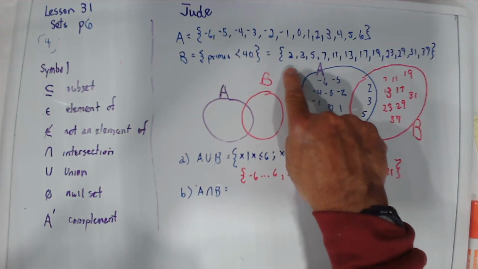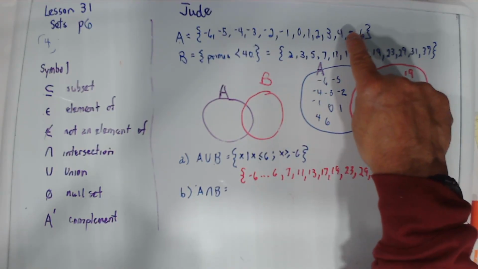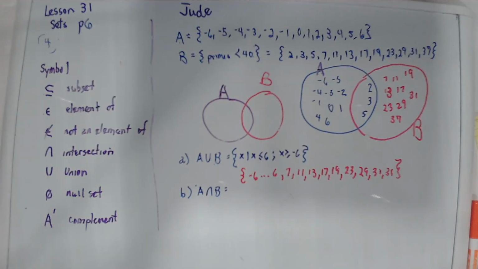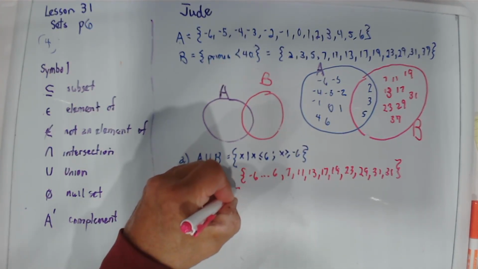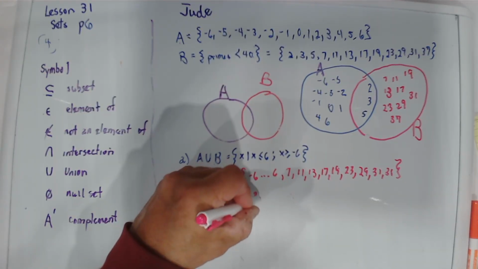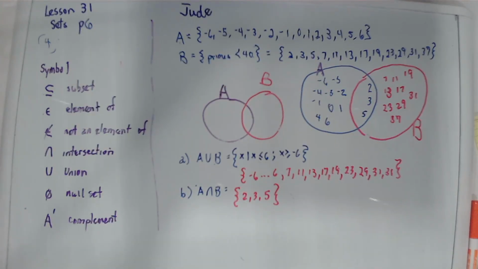Here's our 2 and a 2, 3, 3, 5, 5. If you look at all of the other numbers, none of the other numbers will overlap. So if I'm looking at A intersection B, it's going to be the set 2, 3, and 5. And that is that problem.